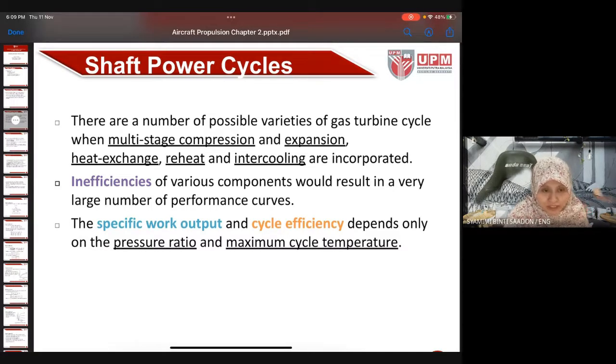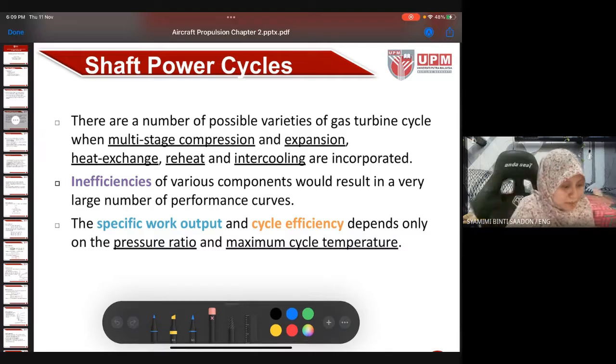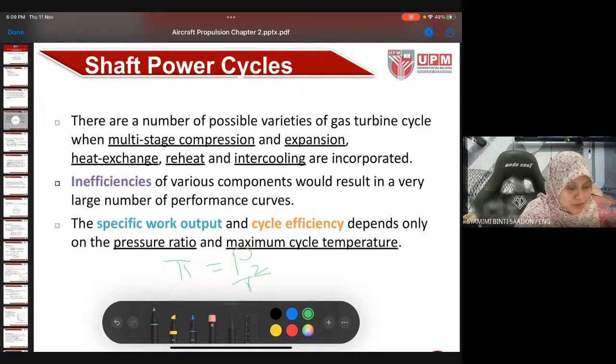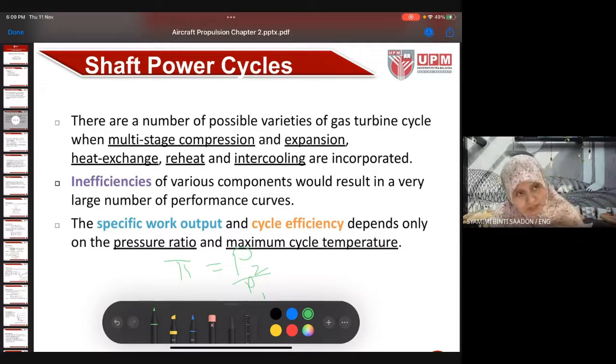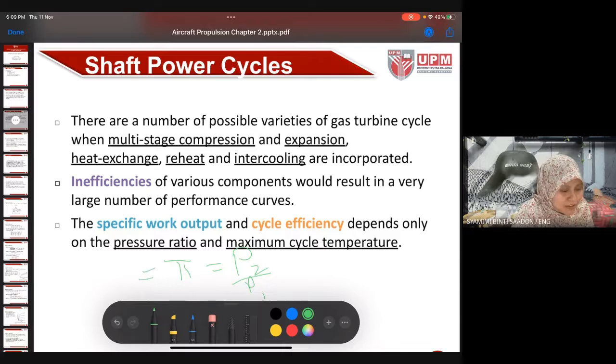Sometimes we write the pressure ratio with the notation pi, or sometimes we know it as R.